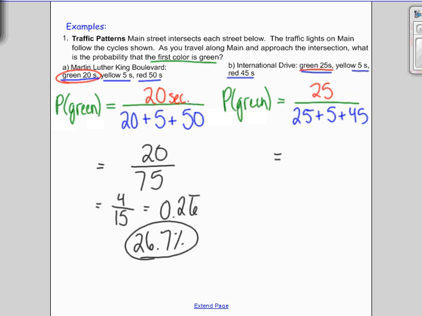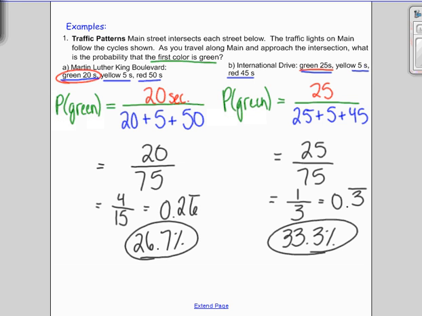We simplify that fraction to 25 over 75, which reduces to 1/3. So that's the probability as a fraction. This as a decimal is 0.3 repeating. So as a percent, this is 33.3%.